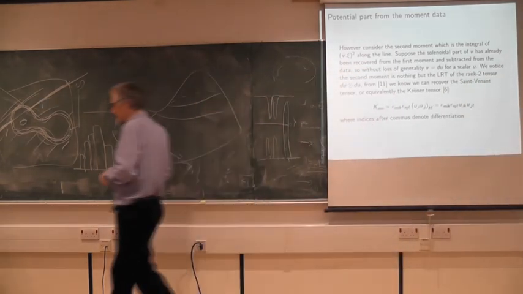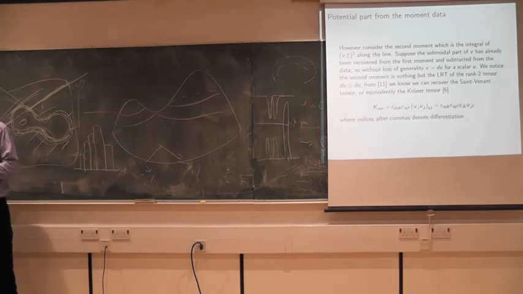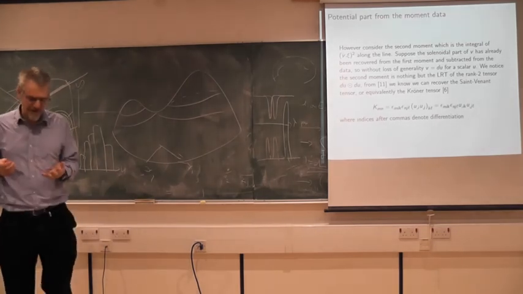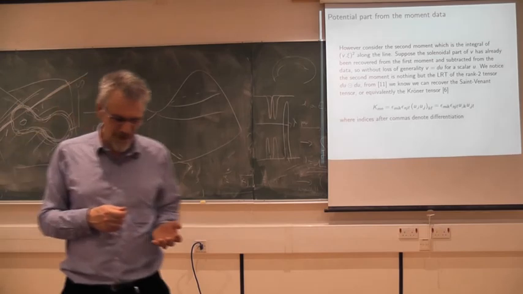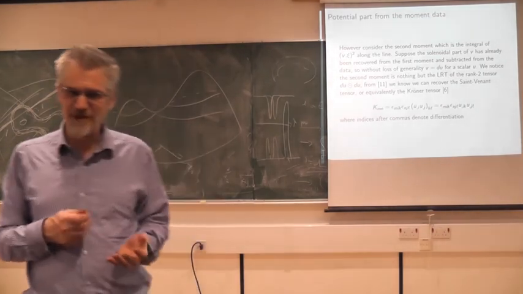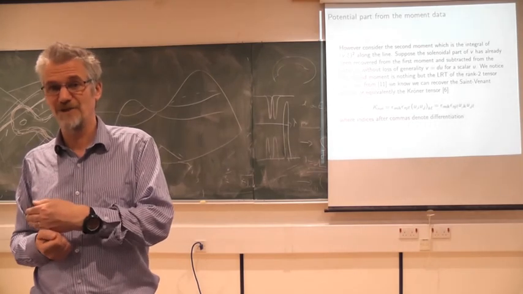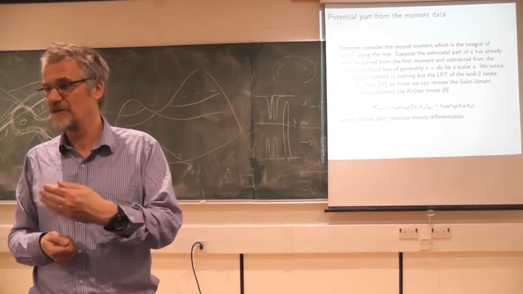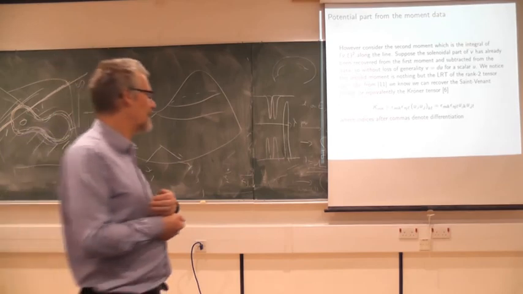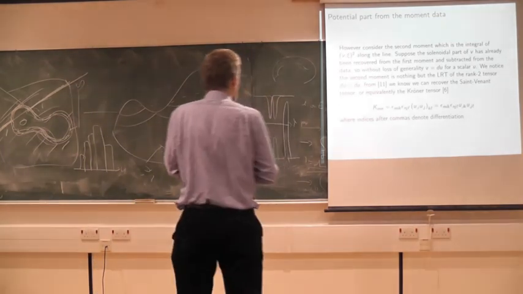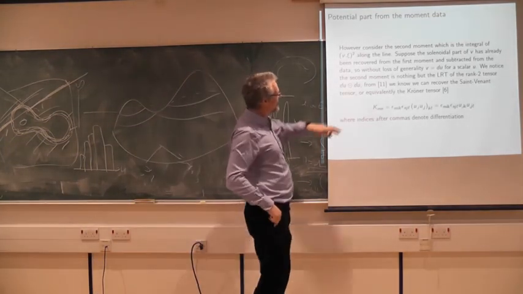So the commas are differentiated. So what I'm saying is, the formula for reconstructing the longitudinal ray transform actually gives you the Saint-Venant tensor, because from that you know the part that's potential, and the part that's not potential, the solenoidal part. So it's kind of natural to work in terms of that.